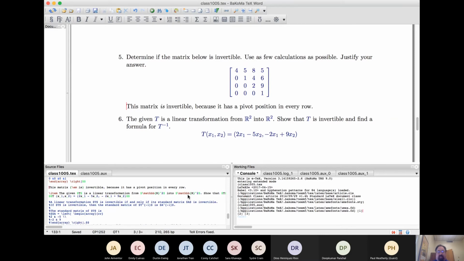All right, this last one deals with linear transformations. Now, a linear transformation essentially amounts to matrix vector multiplication. And before, we've seen the standard matrix of a linear transformation.